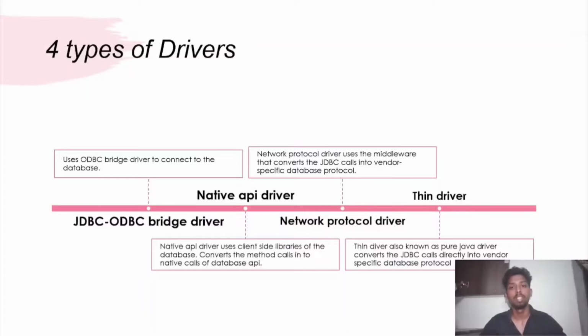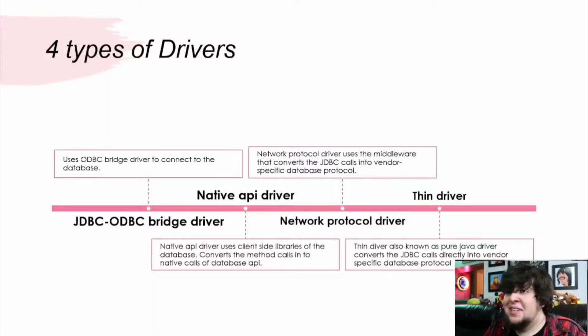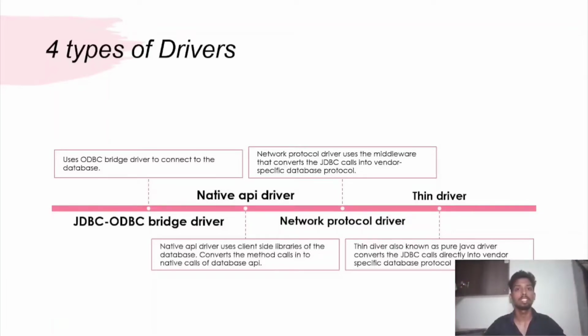This network protocol driver connects all these systems to an admin system, and it sends the copy of the API to each system in parallel, so that the installation time decreases to 5 minutes. In this way, the type 3 driver can be used in situations where we have to network through the systems. There are even some drawbacks in the type 3 driver: the internet connection should be stable, and the native API should be present as in the type 2 driver.